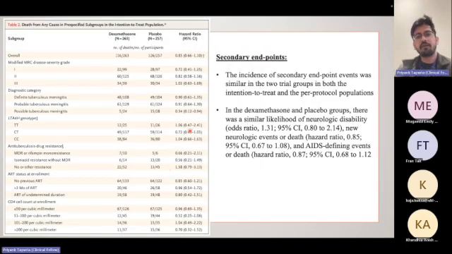And coming to secondary endpoints, looking at the MRC grading and the diagnostic criteria, the anti-tubercular drug resistance, they were all the same in both the intention to treat and the per protocol population. In the dexamethasone group, a similar likelihood of IRIS was seen. No neurological death or event was different between the groups.